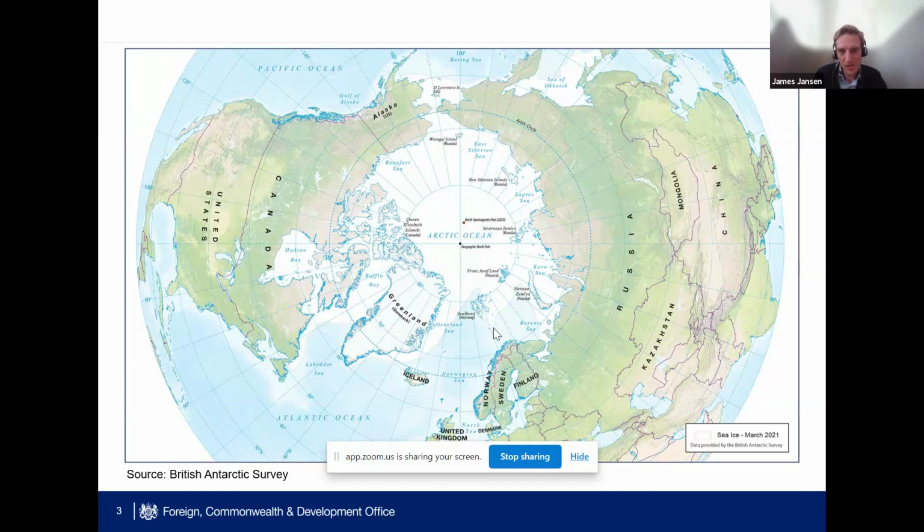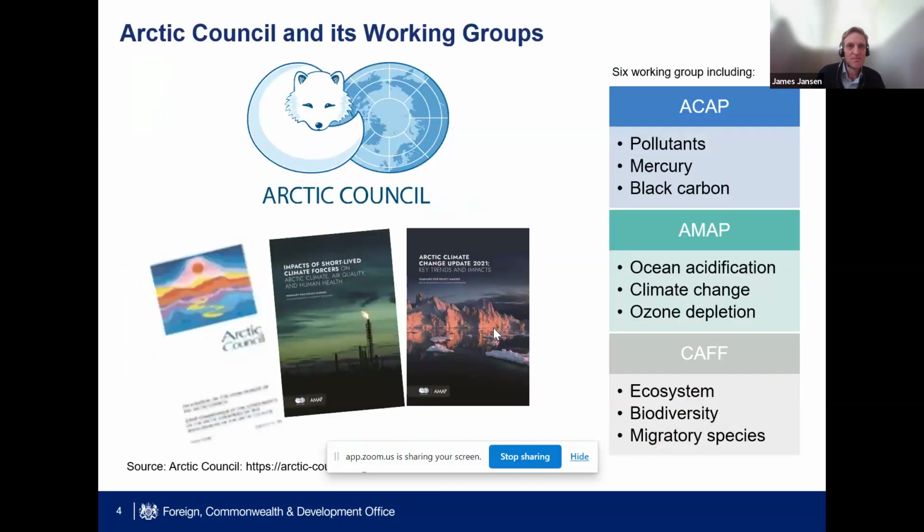And just note where the UK is on that map, because I'll come back to that in a minute. So the Arctic Council then has been operating effectively since 1996, had its first ministerial in 1998, and that's when the UK joined as an observer state to the Arctic Council.